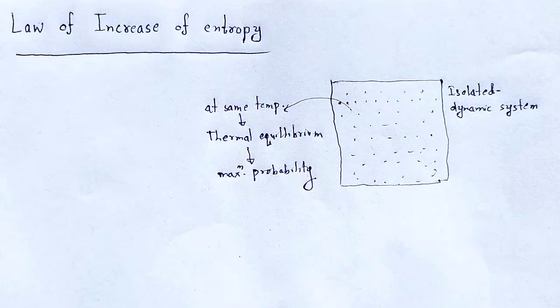We know that even a small deviation from the state of maximum probability has negligible probability. If a state is the most probable state and some deviation from it occurs, the probability of that is very negligible.